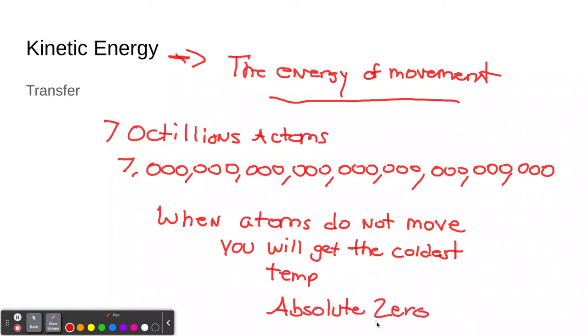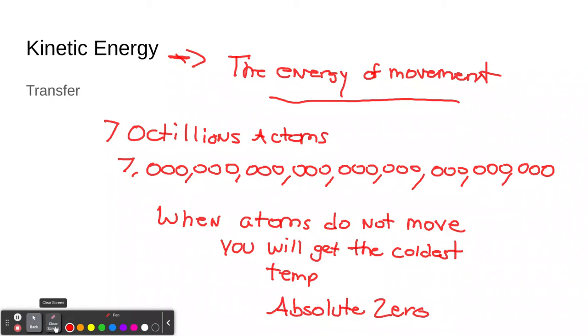And by the way, we have never found absolute zero in the universe. We have never made absolute zero in the laboratory. So when atoms do not move, you will get absolute zero. So when atoms move, that's the energy of movement. The more they move, the more they collide with each other, the more heat is generated, or in this case, thermal energy. So let's clear the page.